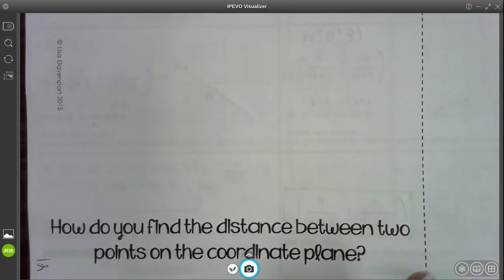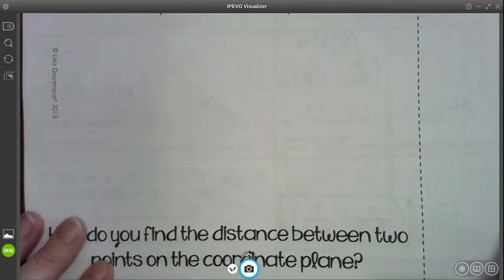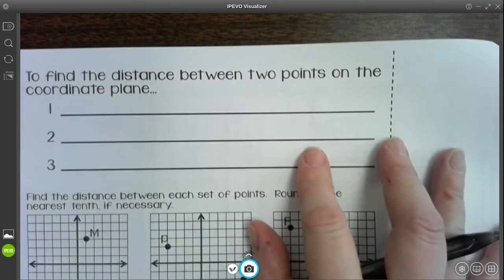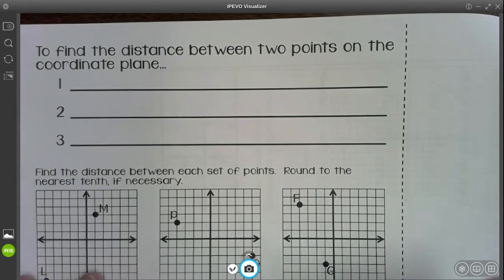Okay, the next one is talking about how do you find the distance between 2 points on a coordinate plane. So there's a few different ways that we can do this, all right? I'll show you both of them. Sorry, I'm getting my notes out, that's why it's kind of loud. Okay, so first of all, here, I'm going to go ahead and write my reasons here. To find the distance between 2 points on the coordinate plane.